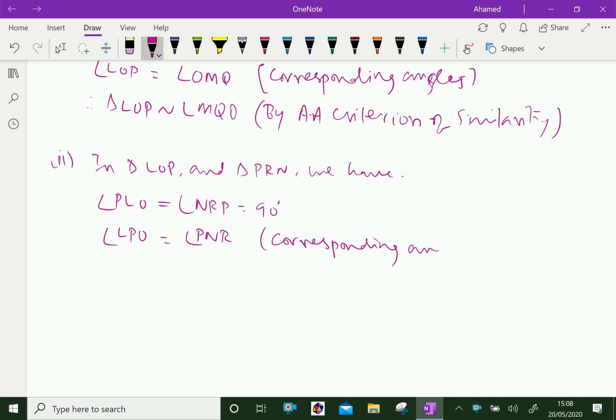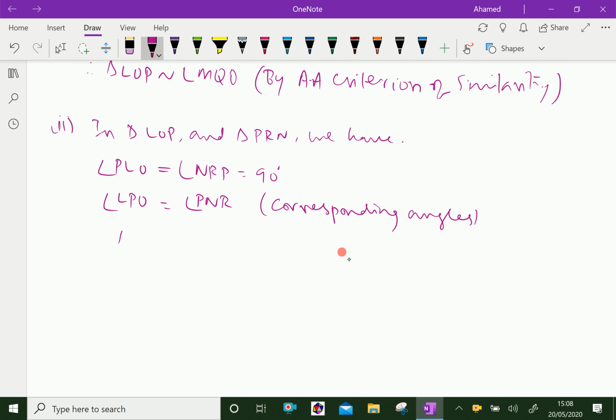Corresponding angles. Therefore, the triangle LOP is similar to triangle RPN, by AA similarity.